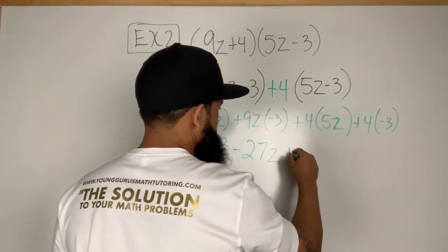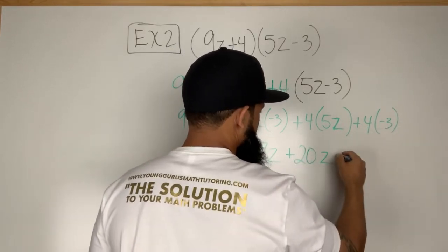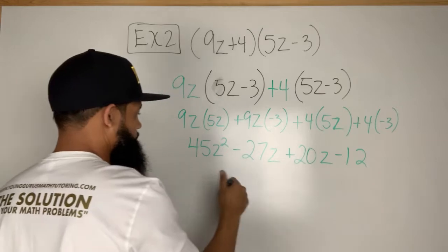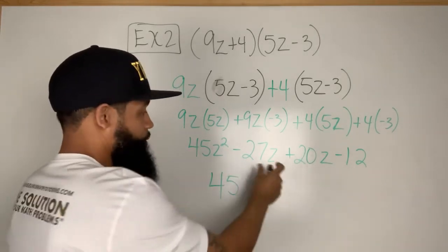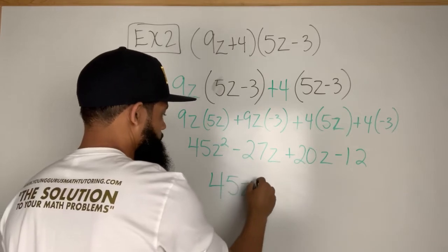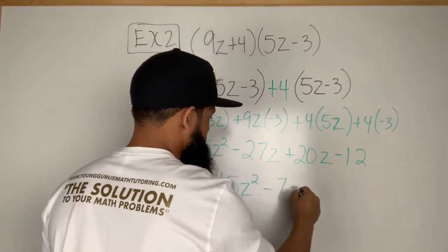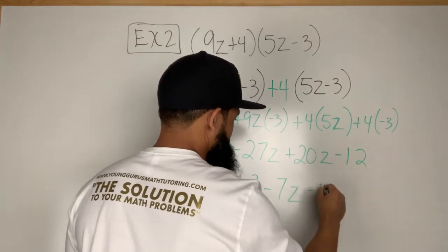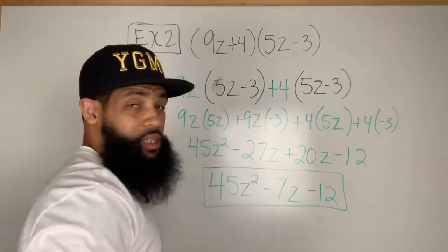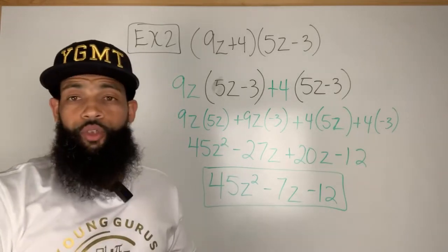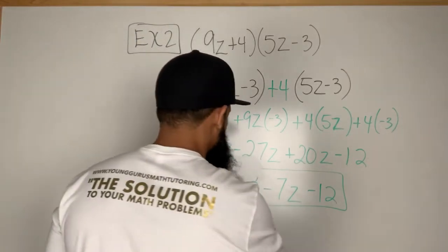Plus 4 times 5 is 20, keep the z. 4 times negative 3 is negative 12. We have two like terms, and we must combine them just like we saw in the FOIL method. Negative 27 plus 20 is negative 7. Keep my z, and then minus 12. So, a slightly different method. What method works for you? Please use that method.